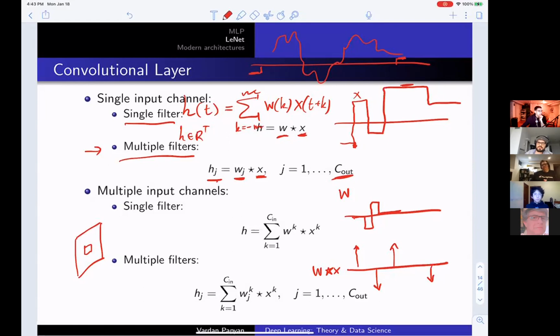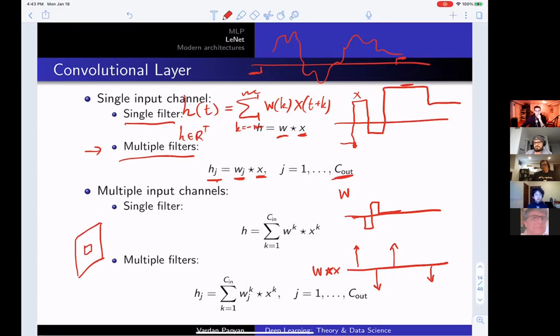So when you ask about the support of a filter in 2D, can you maybe explain more what's the question? Oh, the size of the filter.